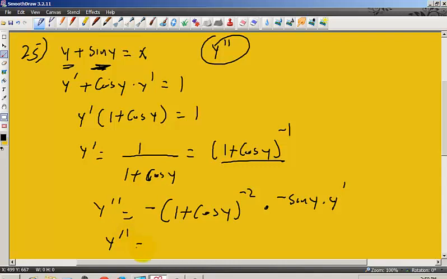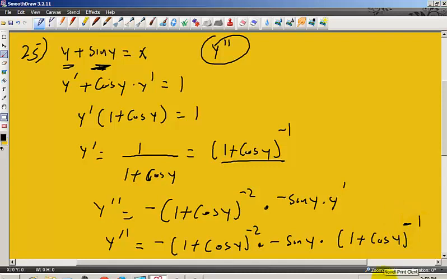You have to always replace the y prime, whatever y prime stands for. Everything else you can leave as is. So I'm going to leave that alone. I have a negative times negative sine of y times my y prime, which is 1 plus cosine of y to the negative 1. Do you want to clean it up? You can. You don't have to.